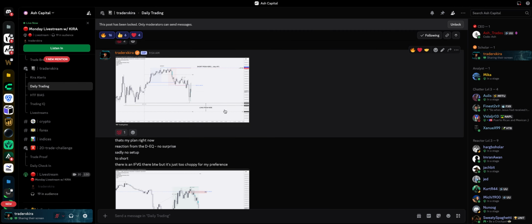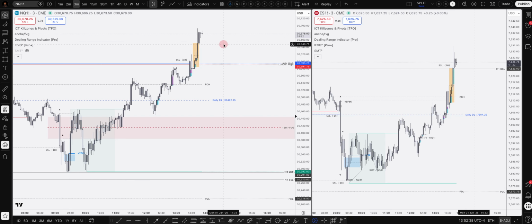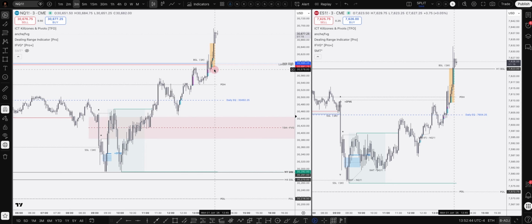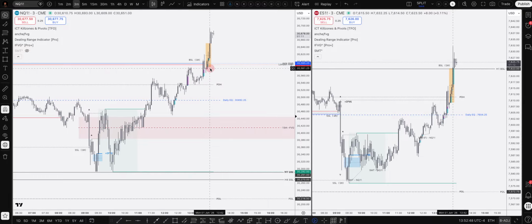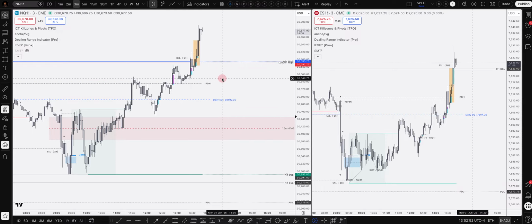And only now are we getting price taking out one of those levels, and even then it's outside of the kill zone, outside of any window I'm willing to take a trade on. But it just goes to show how much patience you have to have.